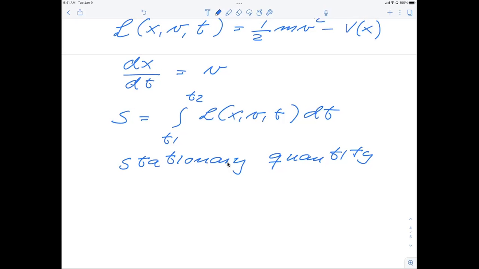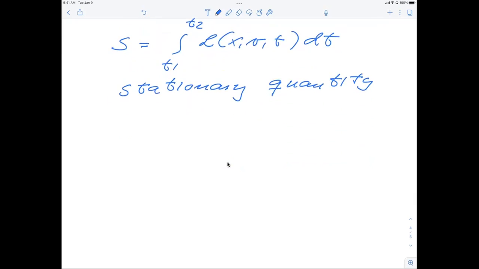And we know that if you have an energy conserving force, then, as you have seen in the different homeworks and also in the last midterm, energy is conserved. So let's look at the energy conservation. If we say that this is a stationary quantity, what this is going to mean for us is that dS/dt is equal to 0.